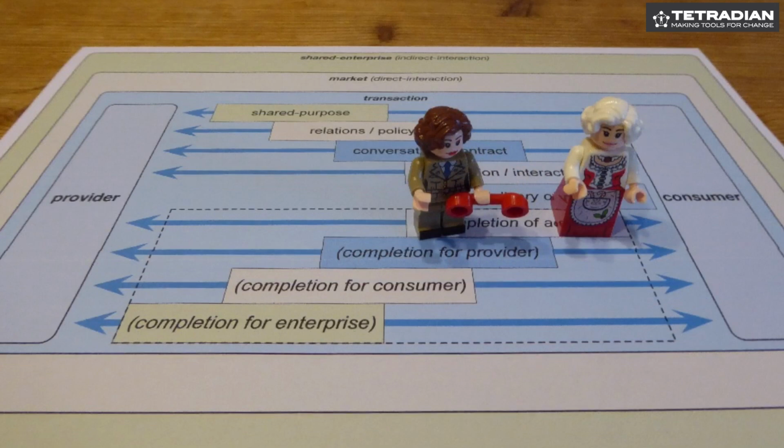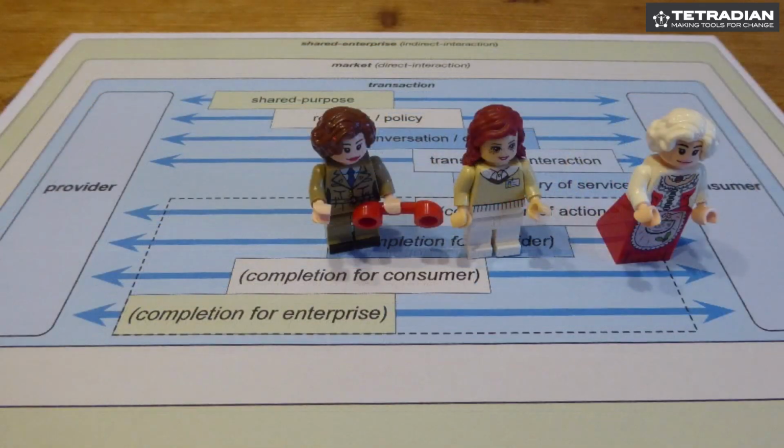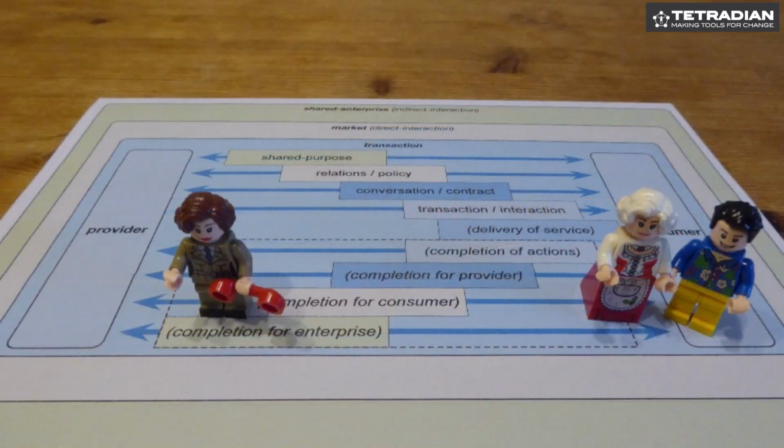We've completed the terms of the contract. Typically we're going to now involve someone like an accounts department to deliver the support services for completion. And notice too that the completions may be different for each of the players. So for example here, the customer has got to satisfy their customer, the customer's customer.